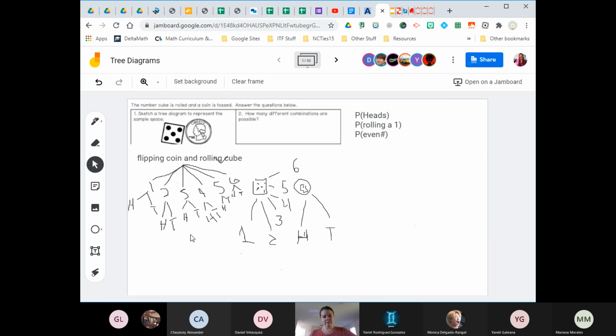Nope, from our tree diagram. So if I count my outcomes, we're close. Let me teach you a trick, okay? Instead of tracing the branches, count how many outcomes are on the bottom row. 12. 1, 2, 3, 4, 5, 6, 7, 8, 9, 10, 11, 12.